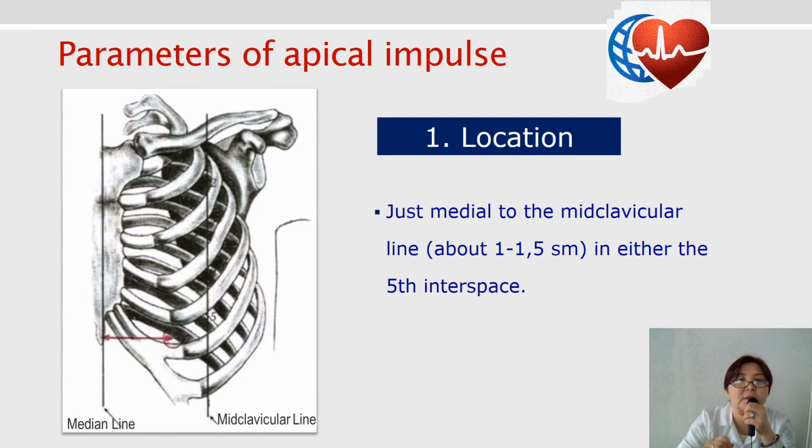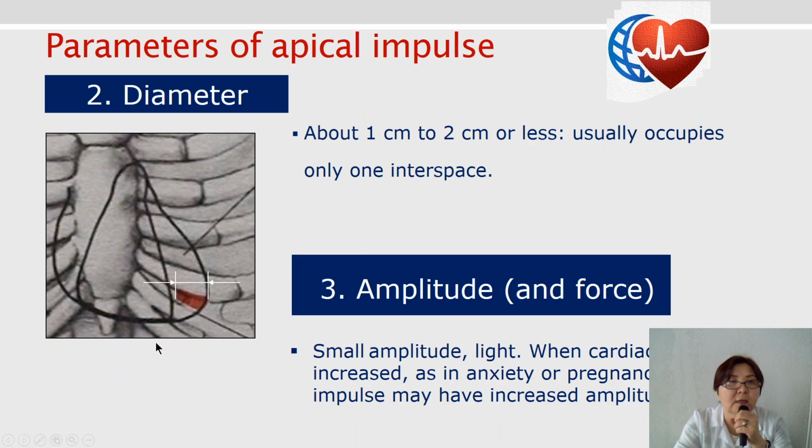Parameters of the apical impulse. First, location. Just medial to the midclavicular line, about 1.5 centimeters, in the fifth intercostal space. Here. Second parameter is diameter. Diameter is about 2 centimeters or less.